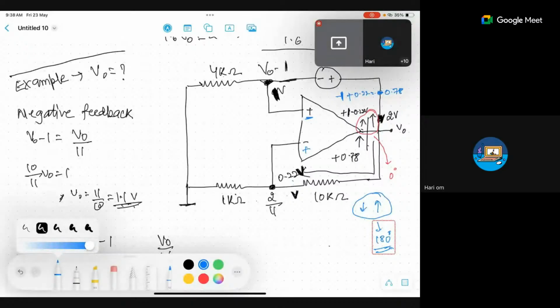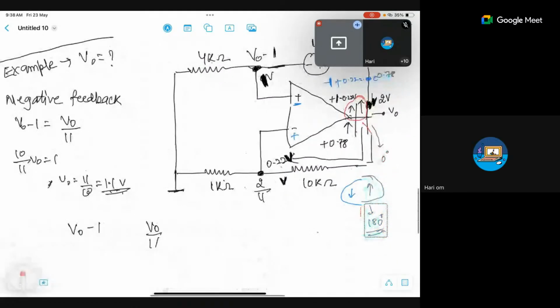Okay, so phase shift is 180. But sir, if we increase only 1 volt, or if we increase less than 1 volt? Yeah. If we increase 1 volt, I just take one more diagram here.